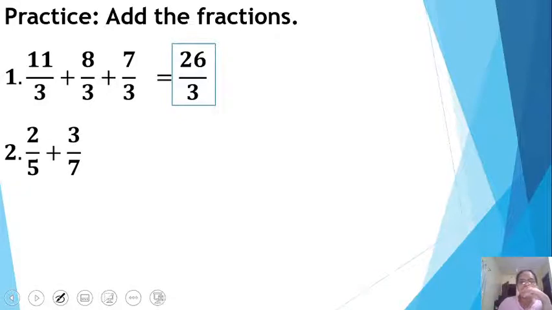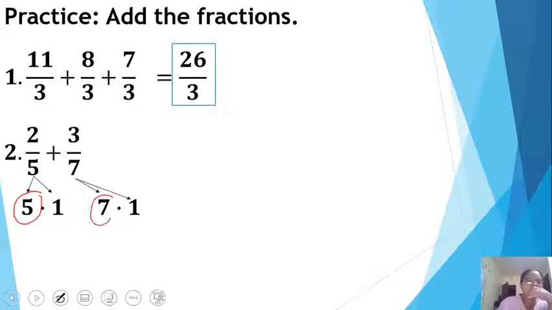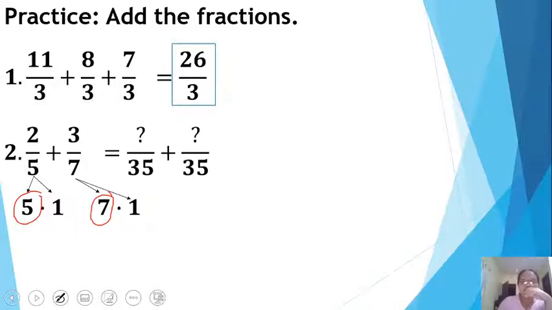2/5 plus 3 over 7. So get the prime factors of 5. 5 times 1, 7 is 7 times 1. And then get the factors of these, disregarding 1. So 5 times 7, that's 35. That's the new denominator for the two fractions.